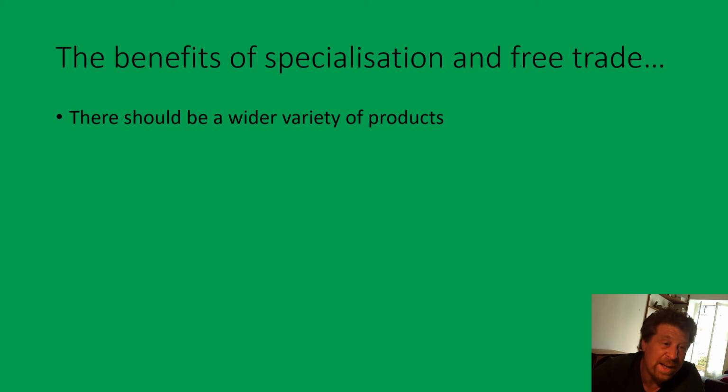There should be a wider variety of products. Can you imagine Italy ever producing sushi? I can't. The fact that we're all so different all around the world, all the different cultures have such different perceptions, such different imaginations, and that means they will produce products and ideas that are very different. And if there's international trade, it means that diversity will be available to all.